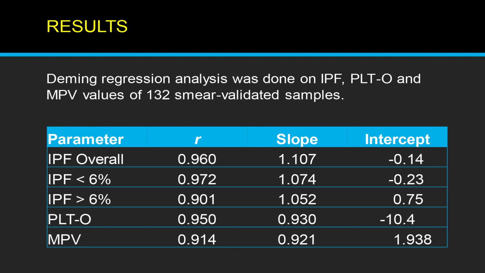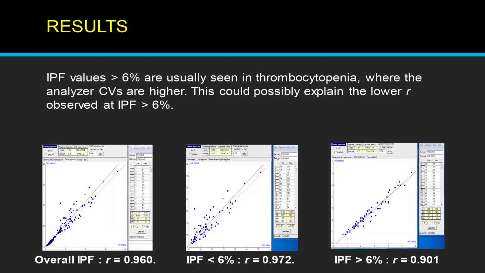So you can see that the R values for IPF were pretty robust, all in excess of 0.9. Although the R value for IPF less than 6 was significantly better, 0.972 compared to 0.901 for IPF more than 6, that is expected because IPF more than 6 would be in more thrombocytopenic patients, so the CV percentage would definitely be higher.